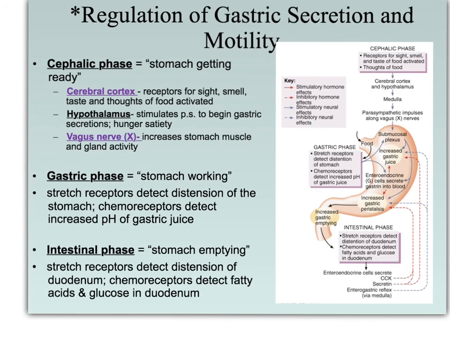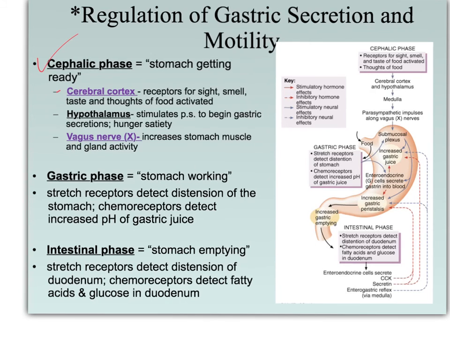How is gastric secretion and motility regulated in the brain? Well, we have the cephalic phase. That's the stomach phase where we're prepping for food. What's going on in the brain there? Well, we've got the cerebral cortex, which is where we sense all of the things that have to do with food. The sight, the smell, the taste, the thought of food.